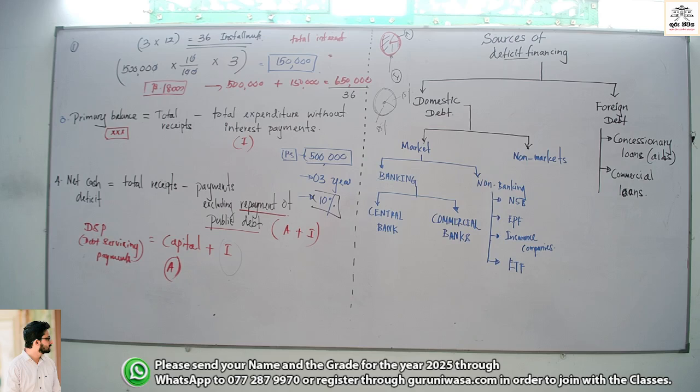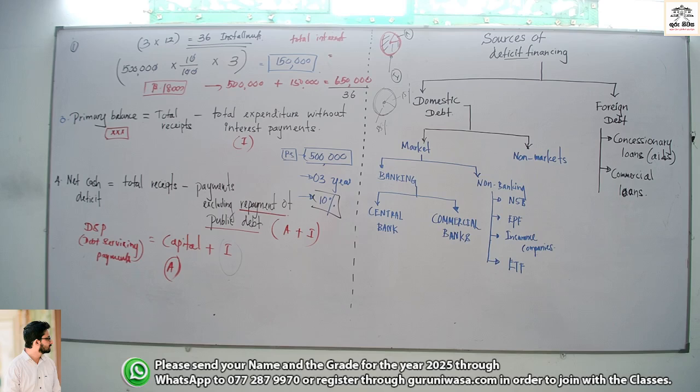Do you agree with me? Are you okay with this? When calculating overall balance, do we have to deduct interest payment? I'm not talking about primary account balance. When calculating overall balance, do we have to deduct interest payment?